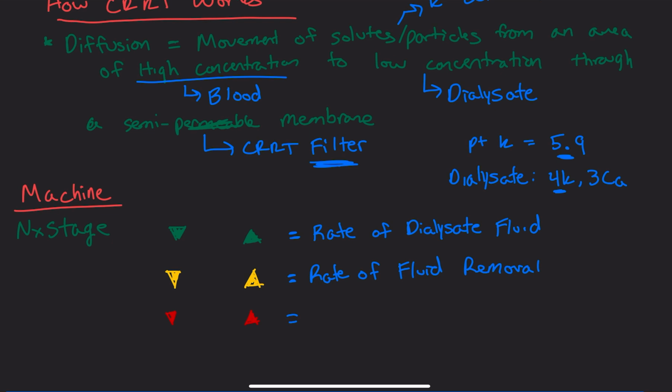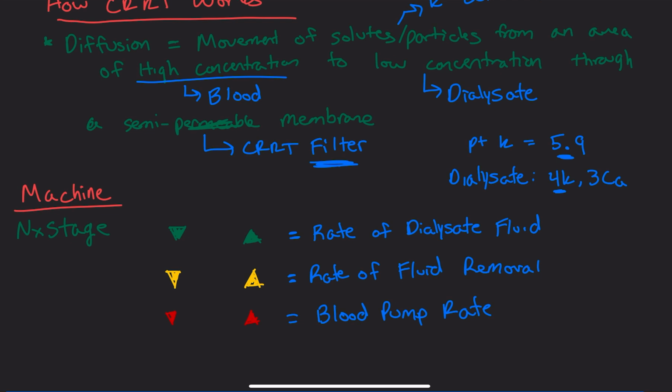And the red is going to be the blood pump rate. The blood pump rate is just how fast the blood is moving through the machine. The green arrows, the rate of the dialysate fluid, is pretty self-explanatory, so how fast the dialysate is flowing. And yellow is the rate of fluid removal, so how much you are pulling and removing from the blood.